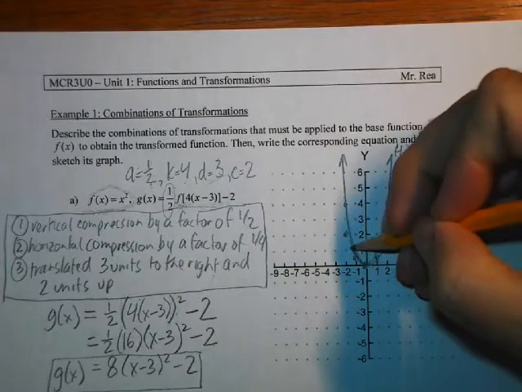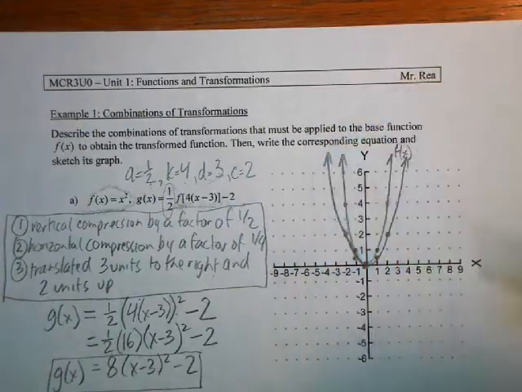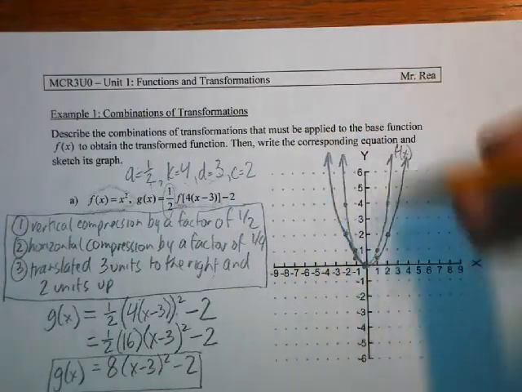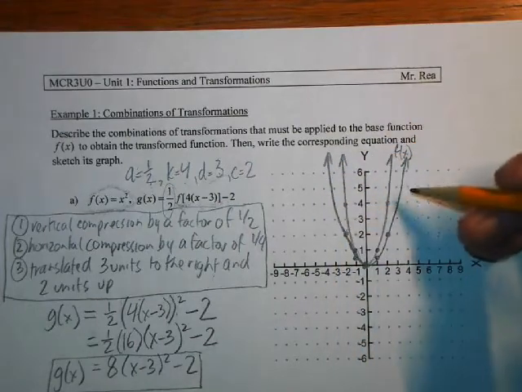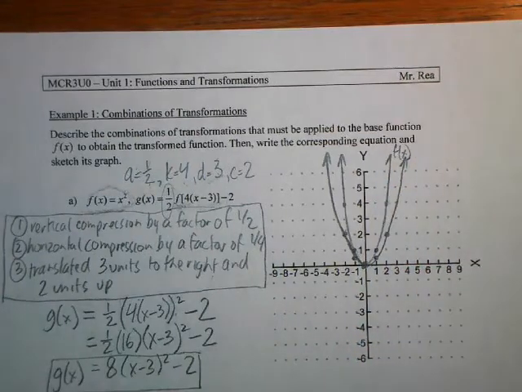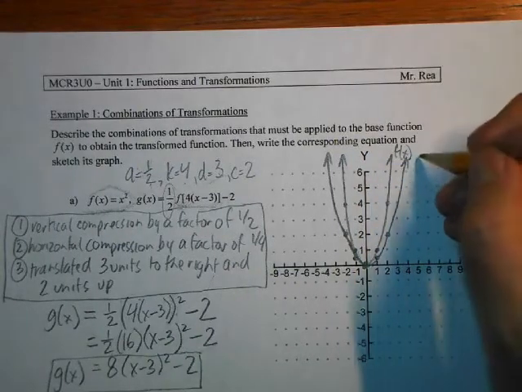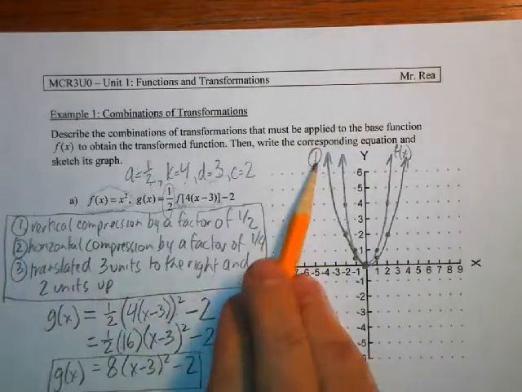So I'm just going to come up with my new graph here. It's kind of to the outside, so it's a little bit, well, it's compressed. It's like I'm pushing down on these arrows. It's a little wider than the original f of x. So basically, I'll put a symbol here for this is 1. So I'm applying that transformation.